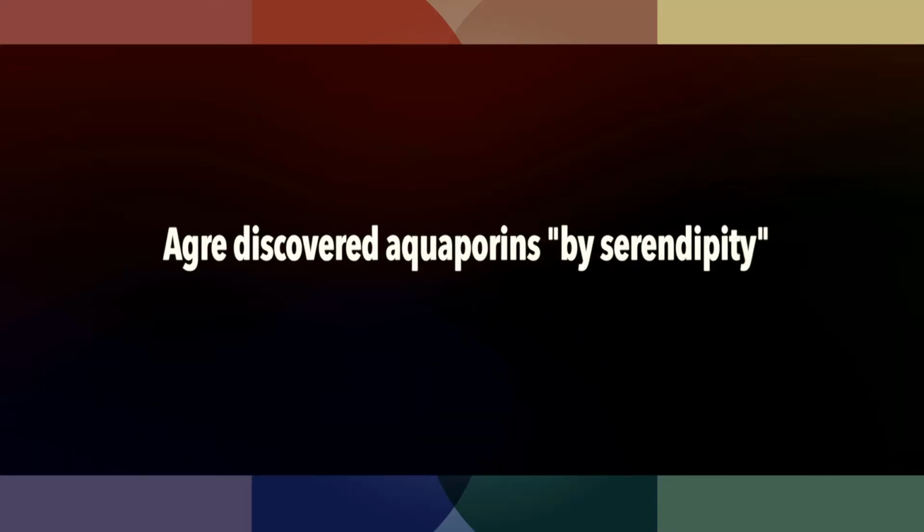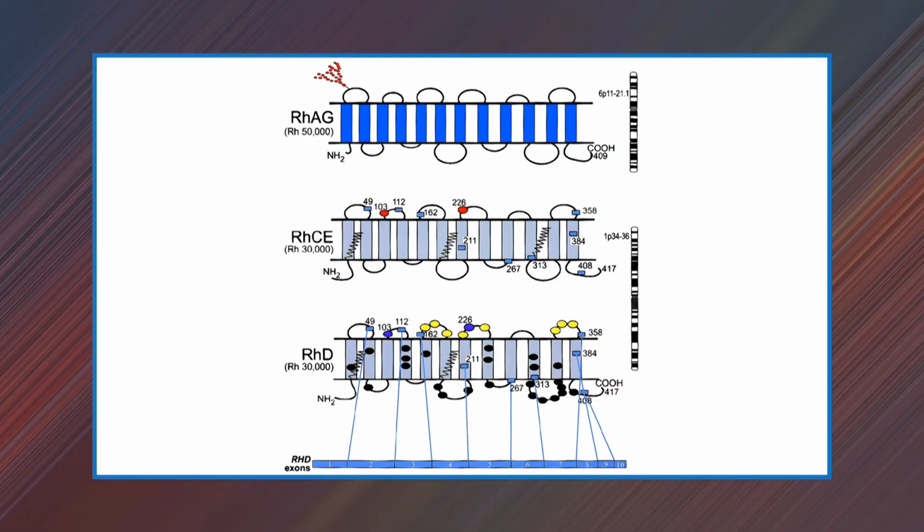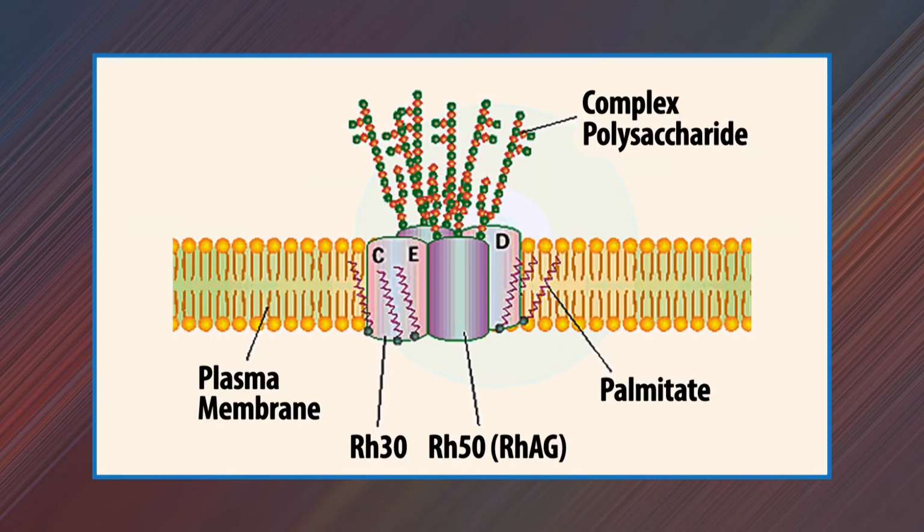Agre discovered aquaporins by serendipity. He studied the Rh blood group antigens, and isolated the Rh molecule and a second molecule. This molecule was 28 kilodaltons in size and was called 28K.